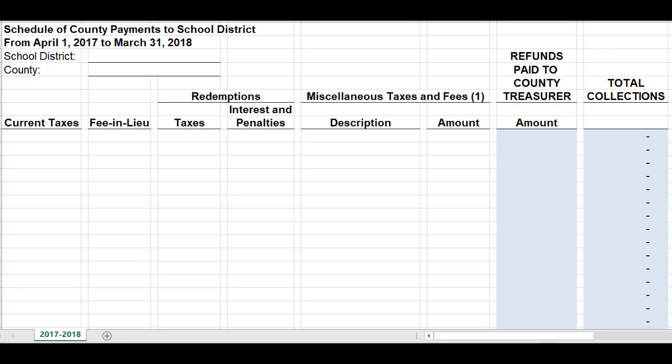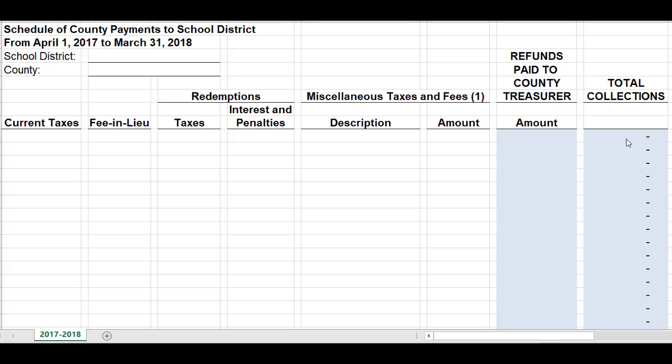In March, the staff to the USBE submits this spreadsheet to each county treasurer. The county treasurer then fills out for each school district in their county, for each payment given to each school district, how much was made up of current taxes, fee in lieu, redemptions, any miscellaneous taxes or fees submitted to the school district, and any refunds the school district paid back to the county treasurer to arrive at a total collections per payment given to each school district.